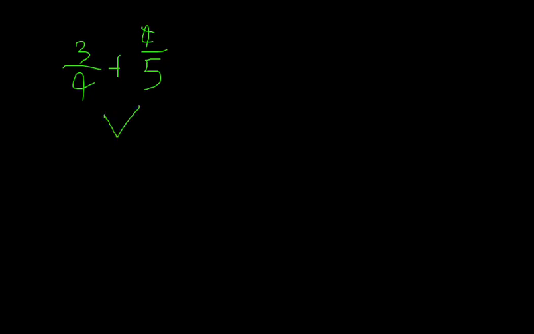We need to find something called the lowest common multiple of these, and that happens to be 20. So we make both of them 20. We need to multiply this one by 5 to make it the same. So 3 times 5 is 15, and plus, we make this one 20.